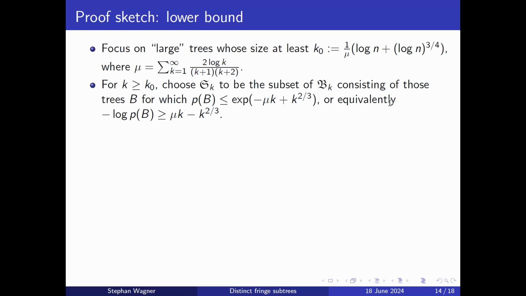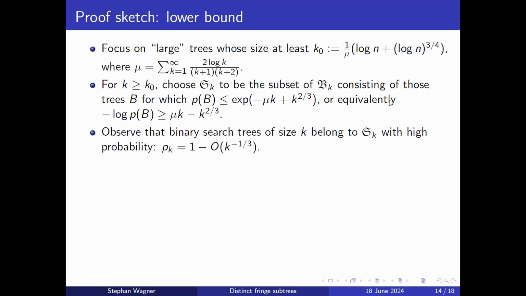And this a little bit is chosen in such a way that, in fact, most trees actually satisfy this, right? So we had a linear mean, but also linear variance. So standard deviation is root k. If you go down k to the 2/3, you're already beyond that. So you're basically already catching almost all trees that way.